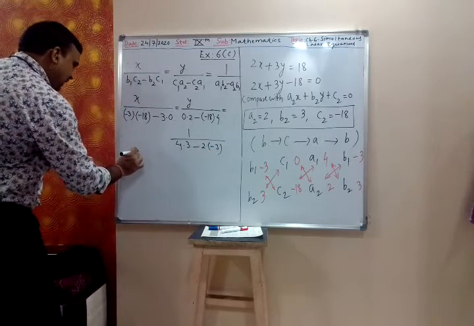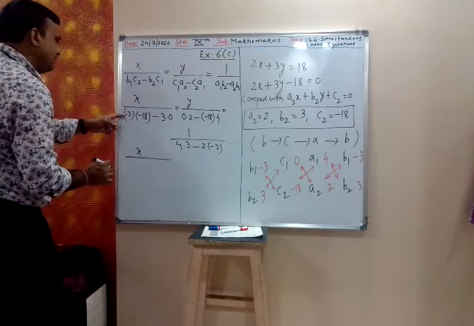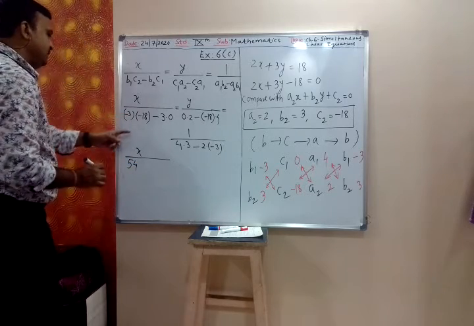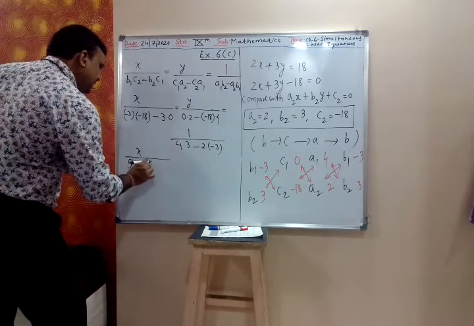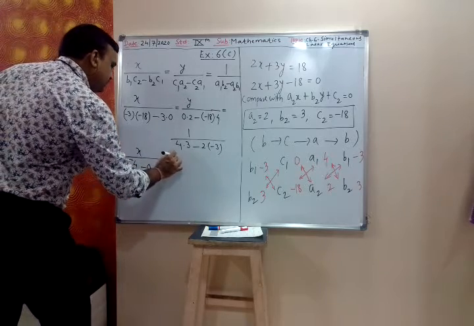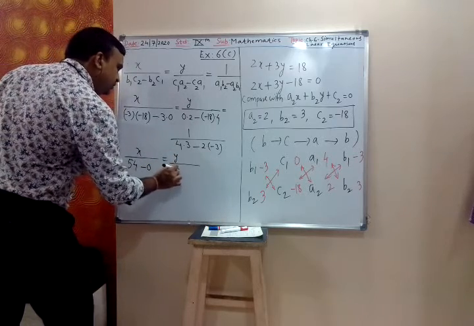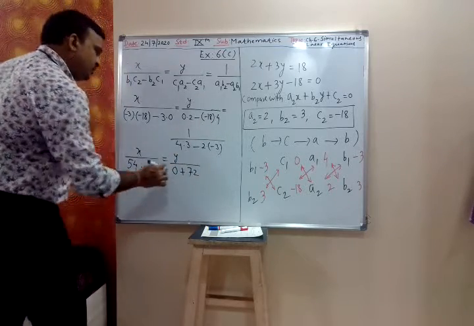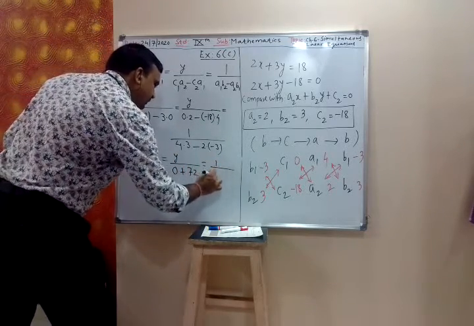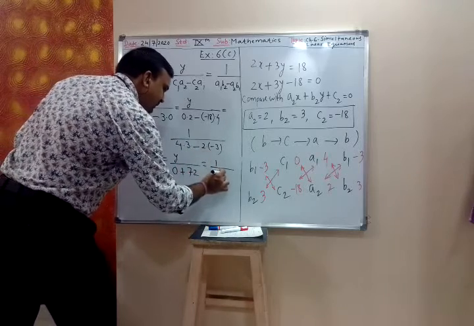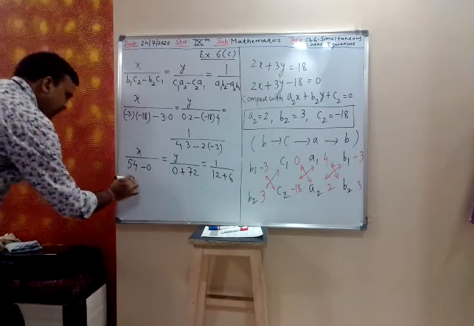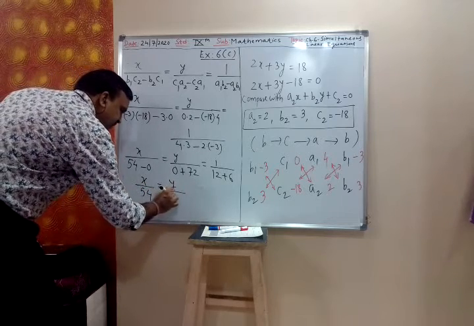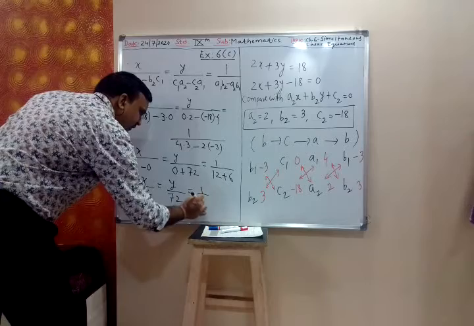So X upon 54 minus 0 is equal to Y upon 0 plus 72, 18 fours are 72, is equal to 1 upon 12 plus 6. So X upon 54 is equal to Y upon 72 is equal to 1 upon 18.